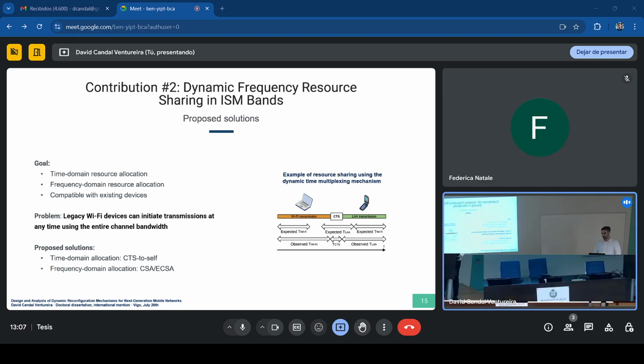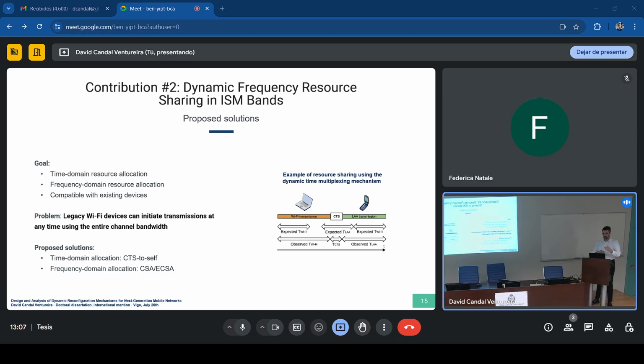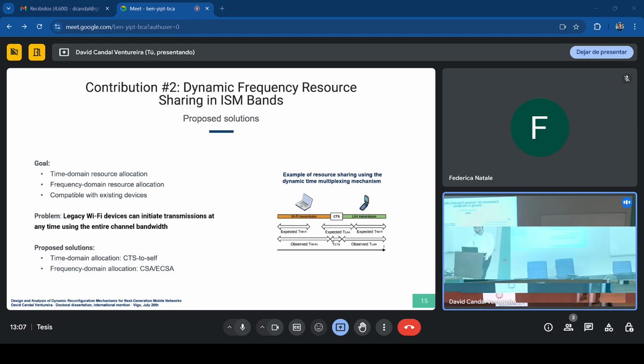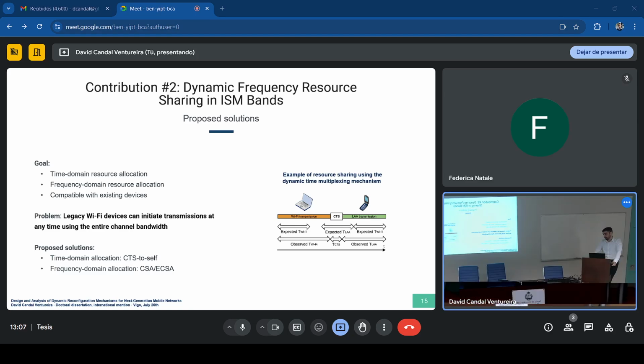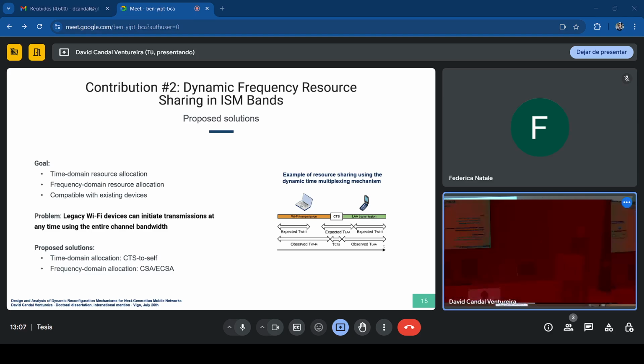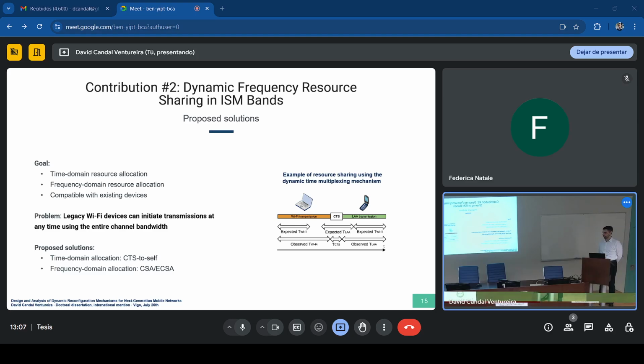If the period needs to be adapted, then just send these reconfiguration messages if needed. And as of today, commercial phones are able to use the CTS? Yes, indeed they do.